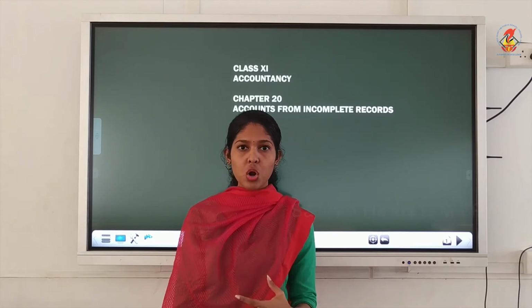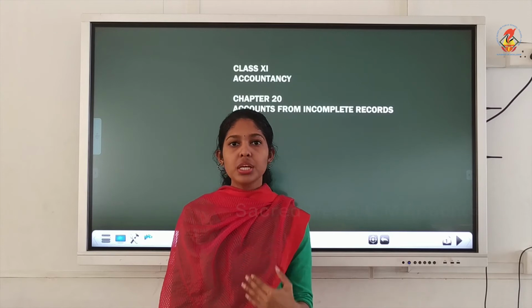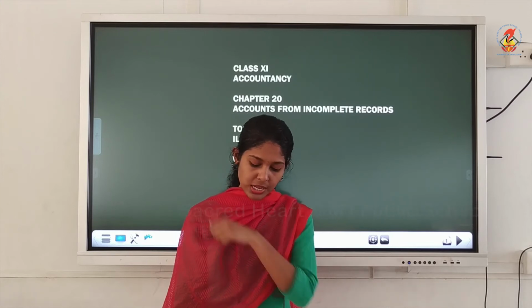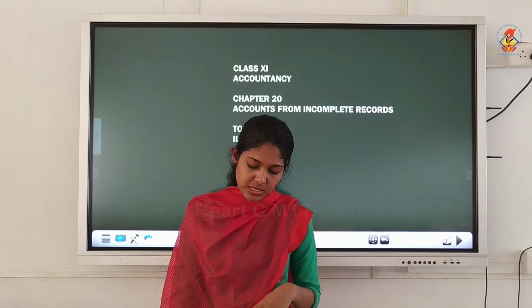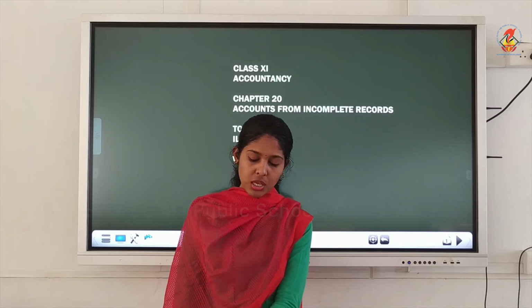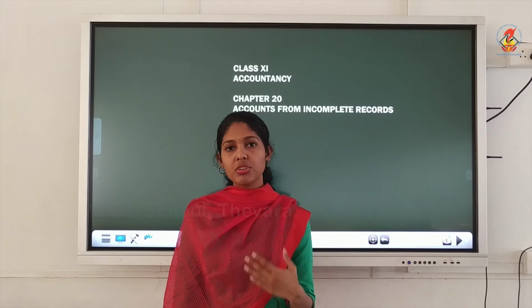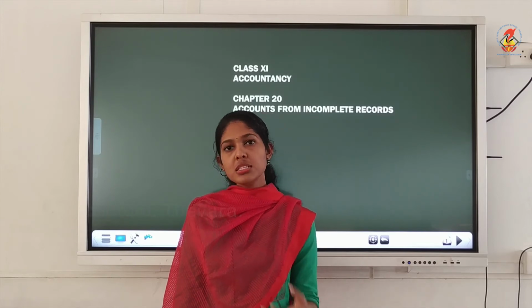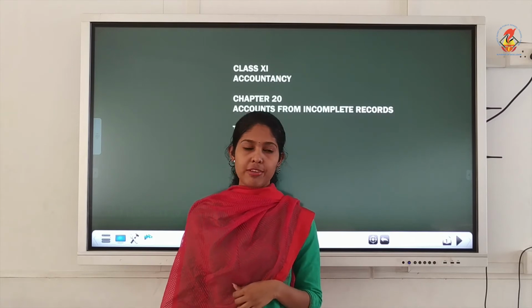So earned but not received, that is called commission receivable. So the amount is 3,600. Then prepare statement of P&L for the year ended 31st March 2019. So we will do statement of P&L, but before that we have to do opening and closing statement of FS.